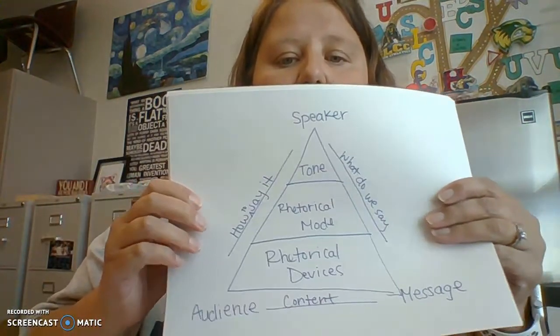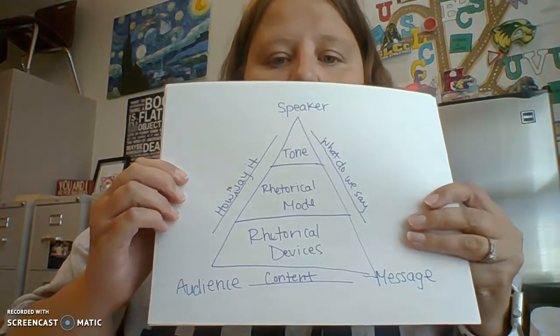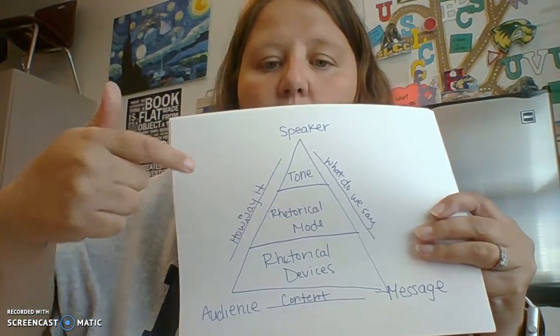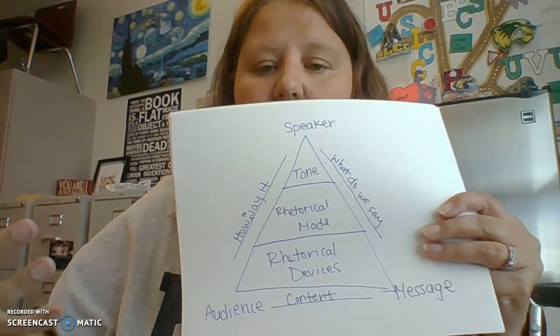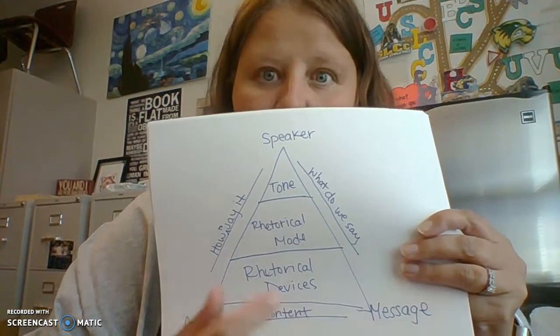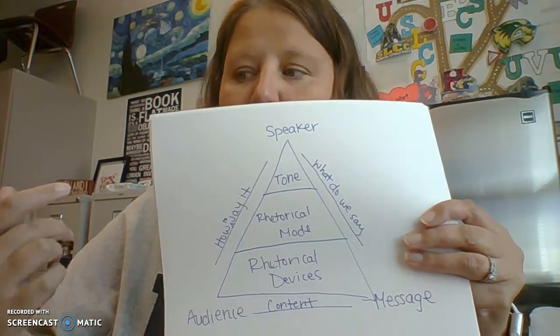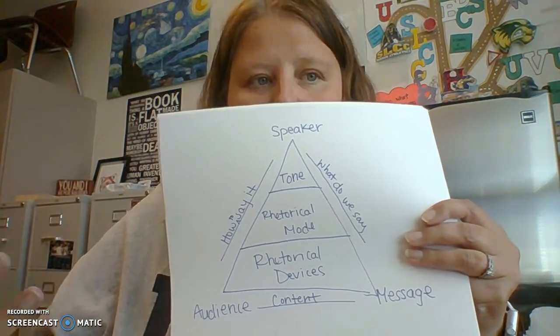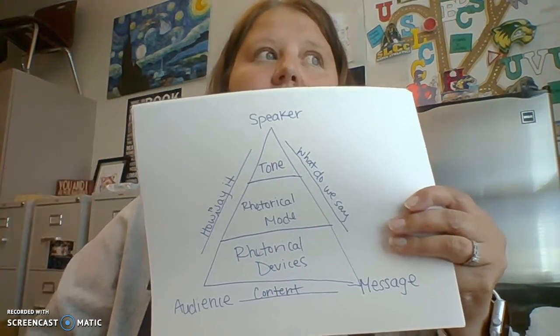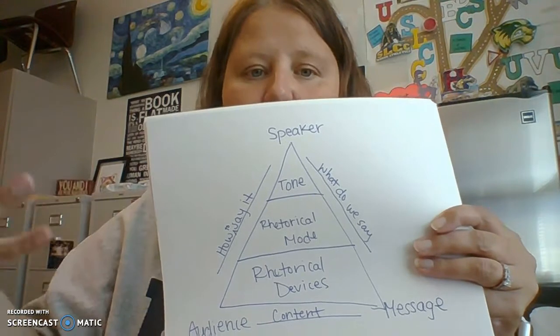Okay, so our speaker has to make some decisions. First they're deciding, what do they want to do, which eventually comes down to, what is the message? So you have to know that. You have to decide, what am I actually trying to accomplish? Or, to break it down, what is this person trying to accomplish in whatever they're doing?